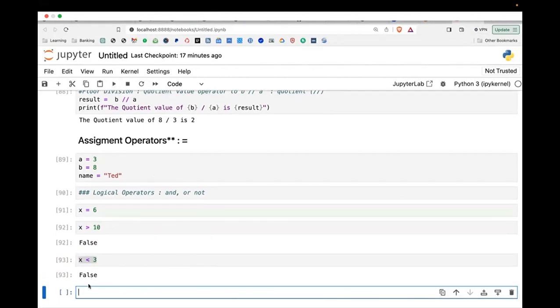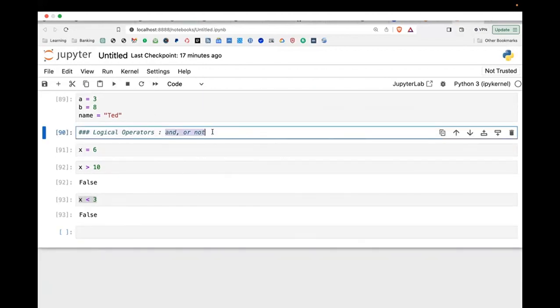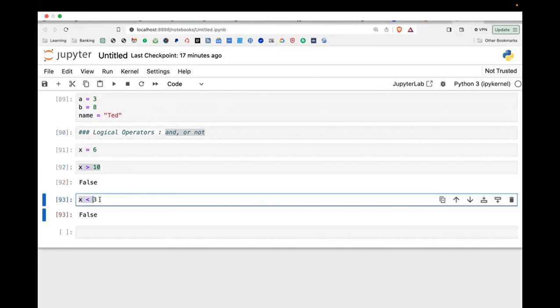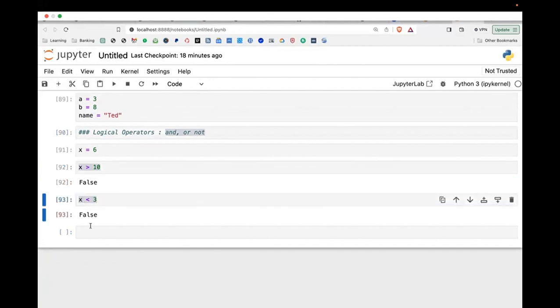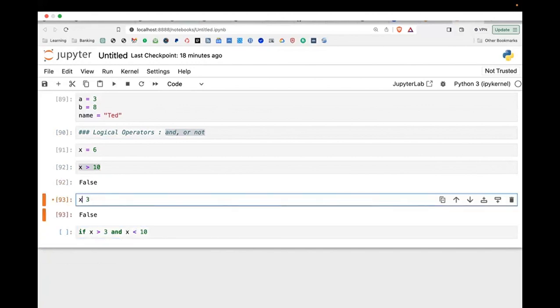Sometimes in Python we write multiple conditions in a statement. This is a kind of condition, where we are comparing the variable with some number. So if I write, if X is greater than 3 and X is less than 10, can you tell me, this is true, right?